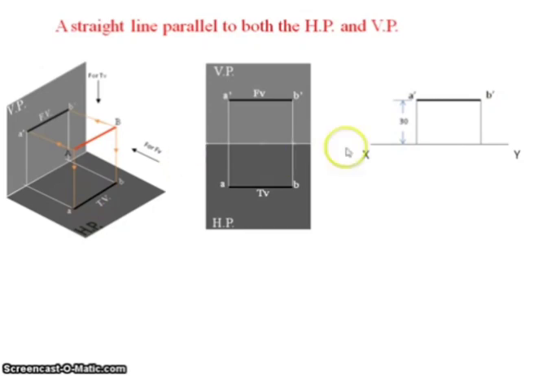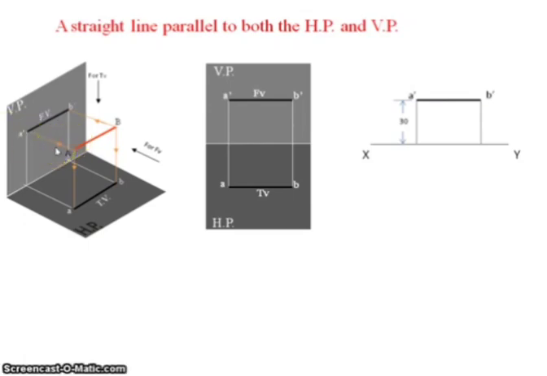Top view means we get it below the XY reference line when you place the line in the first quadrant. So similarly, first we have to locate the distance of the straight line from the vertical plane. In top view we can see the distance of the line from the vertical plane, so we have to locate it in the top view. How much is the distance?